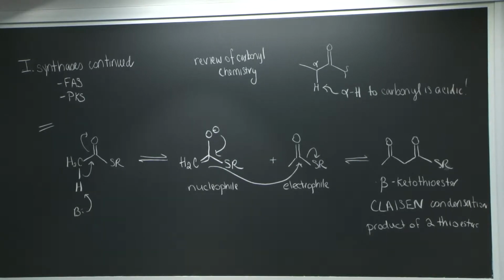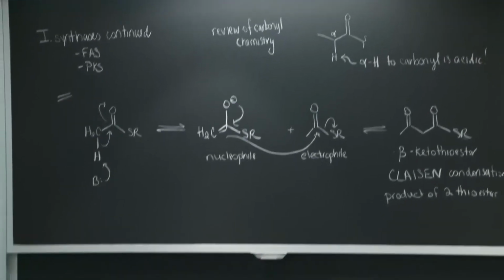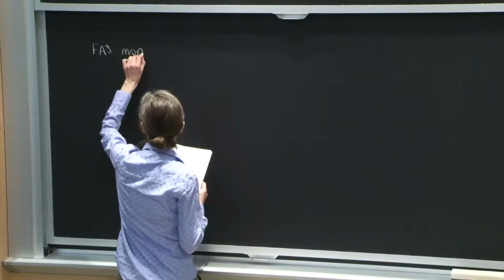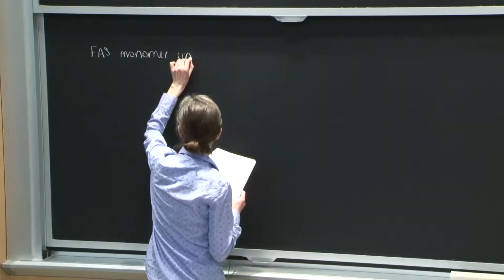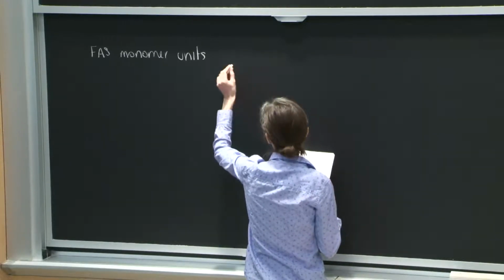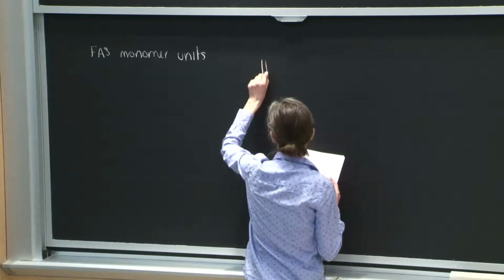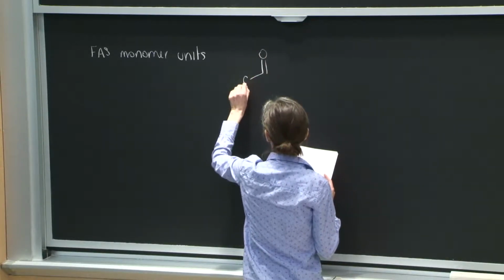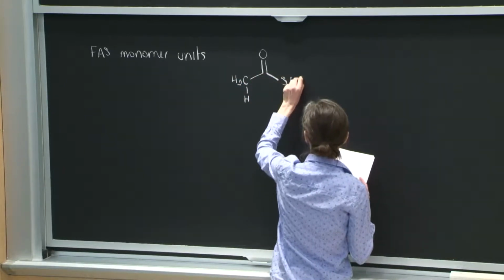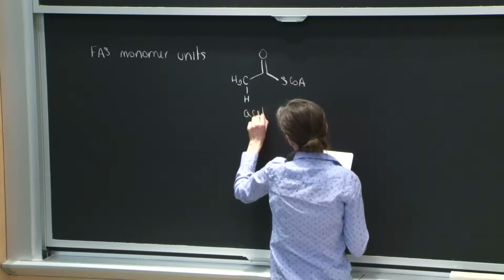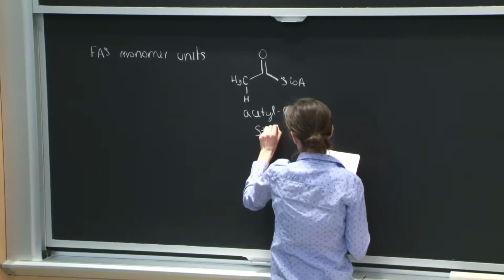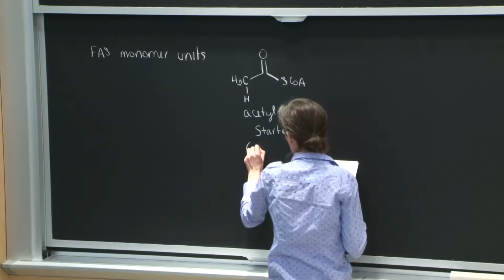Okay, so in fatty acid synthase, we have 2 monomer units. Okay, so we have acetyl-CoA and malonyl-CoA. Acetyl-CoA is the starter unit, sometimes called unit 0.